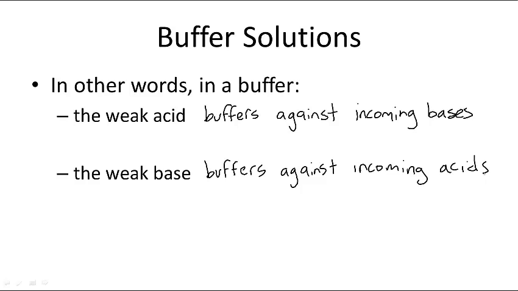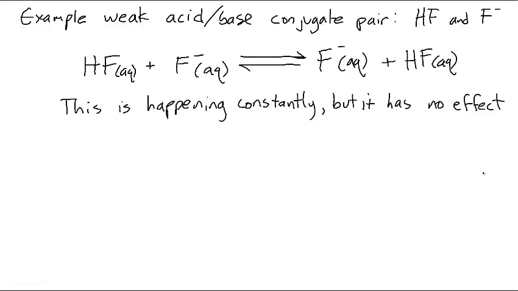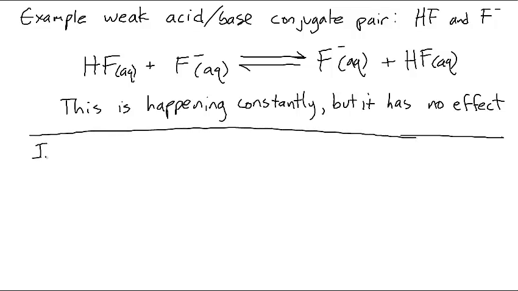All right. So the question is, what if there's a base that's added and it reacts with the weak acid? All right. So again, I'm going to go back to my blank slide for a second here. So let's say I have a buffer that's got HF and F minus in it. If I add an acid, that's a source of H plus.